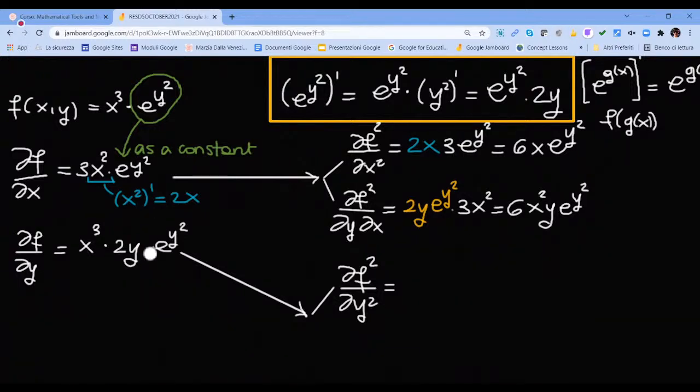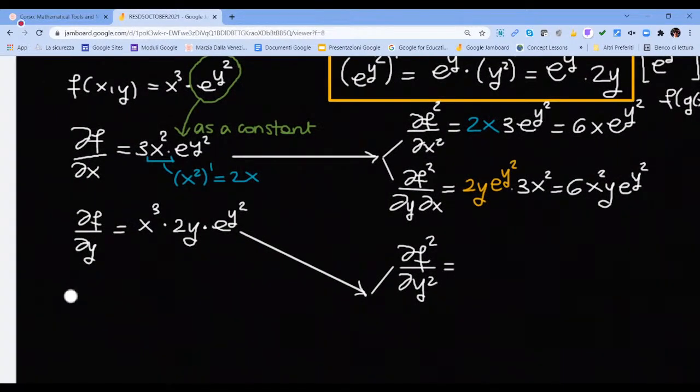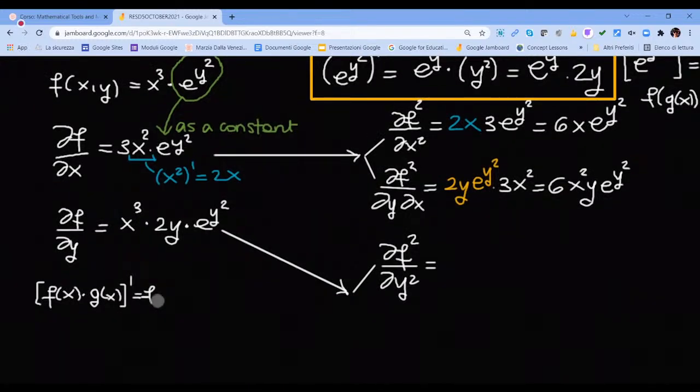But this function has two pieces, two terms that depend on y. So you have to apply the rule for the computation of the derivative of a product. That is what I was mentioning before.